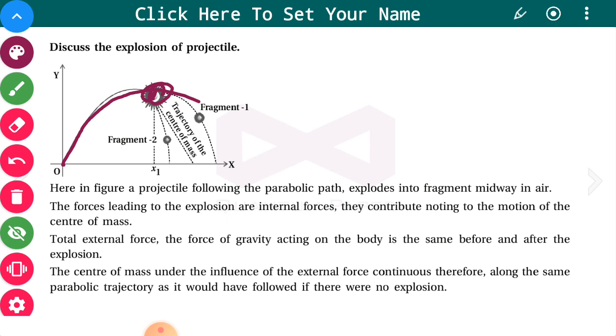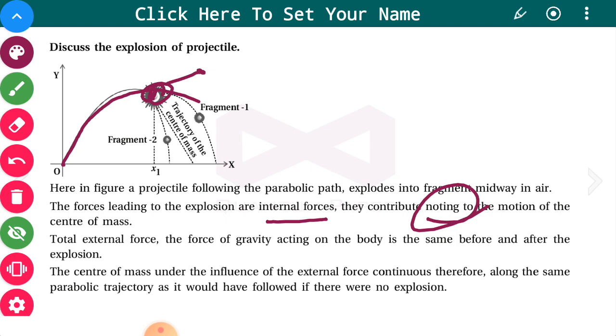The forces leading to the explosion are internal forces. Whenever the explosion is made, what do you do? You ignite the wick, and there are internal chemical processes which are responsible for the explosion. So they contribute nothing to the motion of the center of mass.